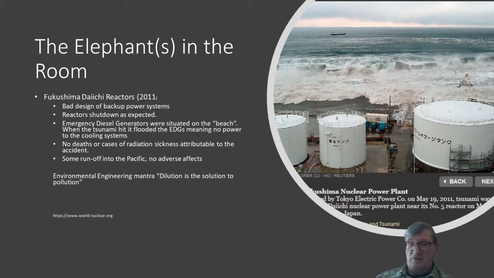So even though some radioactivity ended up in the Pacific, it's so huge that by the time it got over to the coast of Washington, it was so diluted it had no effect on anything.